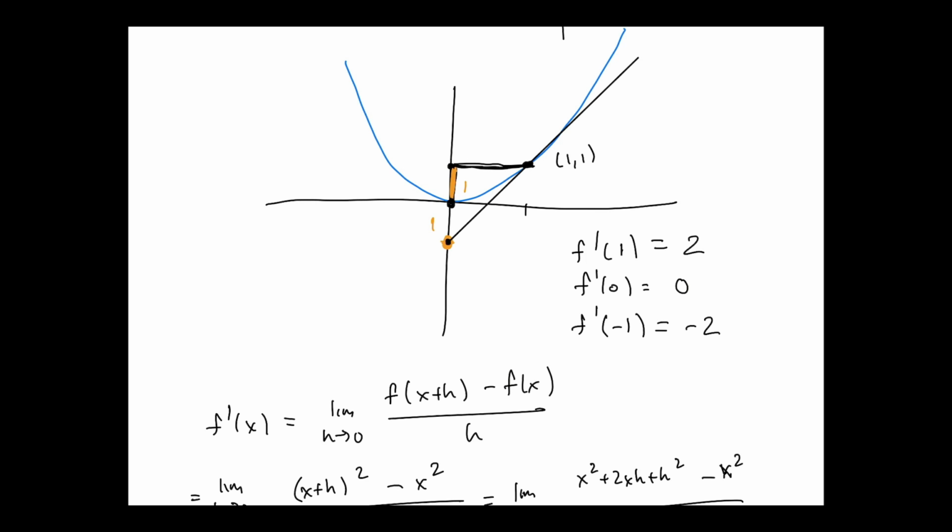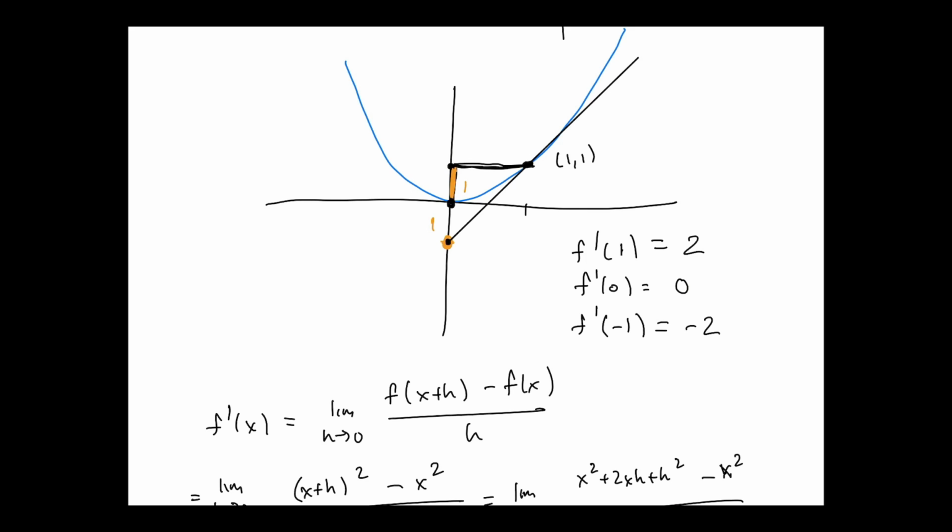If I plug 0, 1, and negative 1 into the function 2x, do I get the correct slopes? I do, the ones that we got with our geometric construction. Okay, that's good. That means we're doing something right. Does that kind of make sense?